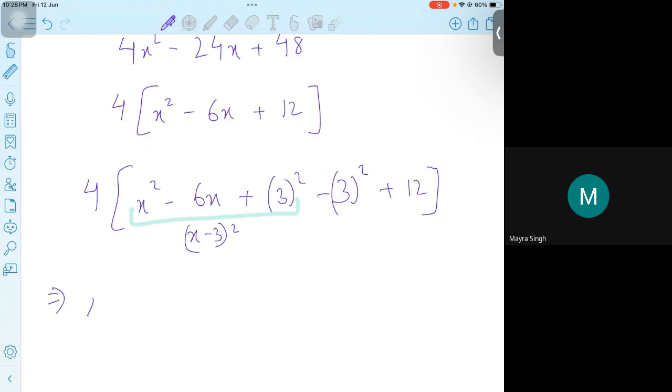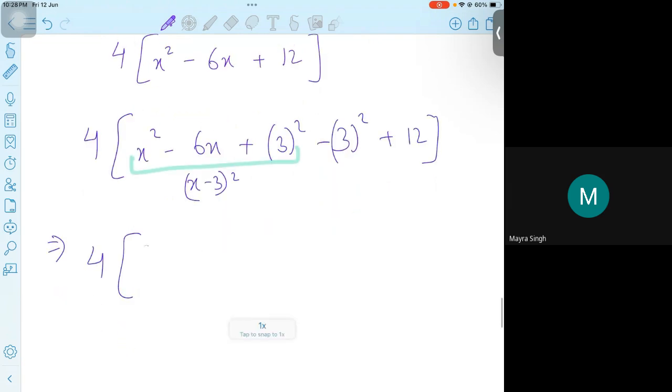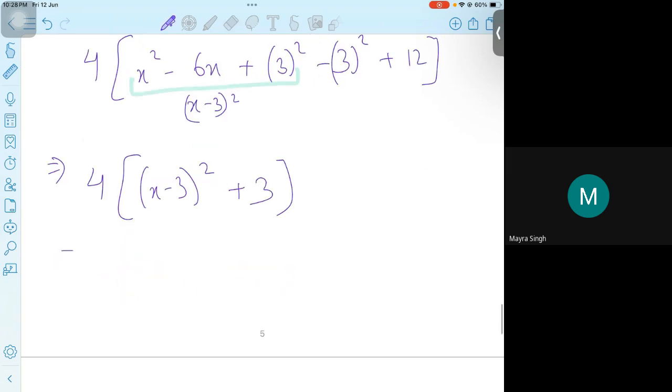So you're left with 4 times x minus 3 whole square minus 9 plus 12. And let's just write this in short. This is equal to plus 3. And you're left with, okay, so now here's what happens. You have 4 times x minus 3 square plus 3.